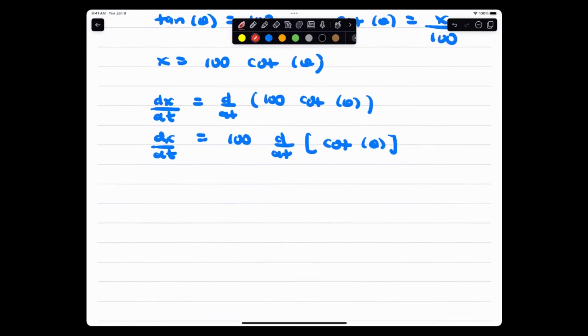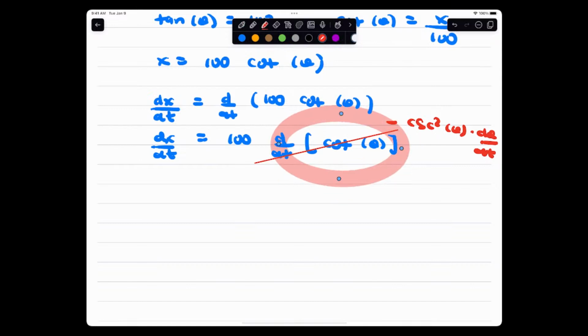What's the derivative of cotangent? Is that minus cosecant squared theta? I think so. Times d theta/dt. Isn't this going to be a chain rule situation? Okay. Is that chain rule, ladies and gentlemen? So we get dx/dt will be minus 100 cosecant squared theta times d theta/dt.